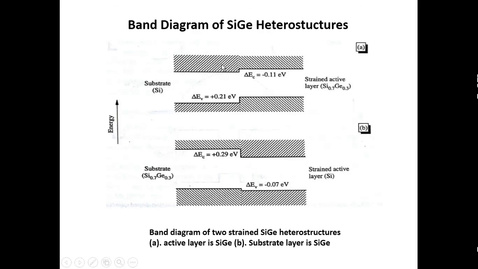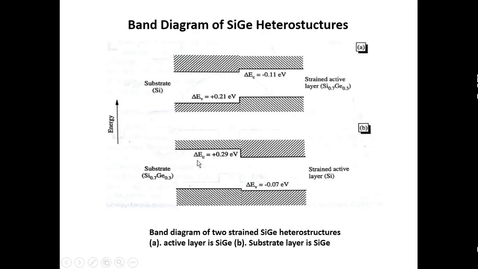So in the Si-Ge structure, we can have a situation in which silicon acts as the substrate and the strained Si-Ge structure goes over the silicon substrate. In the same way, we can have the Si-Ge structure as the substrate and silicon acting as the strained layer. So here the strained layer is silicon.